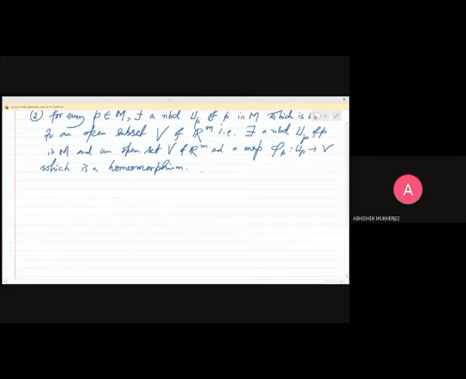And number 3. Although this condition seems to be unnatural here, it will be clear from our later discussion that it is needed for the development of the theory of manifolds. So number 3 is M is second countable.